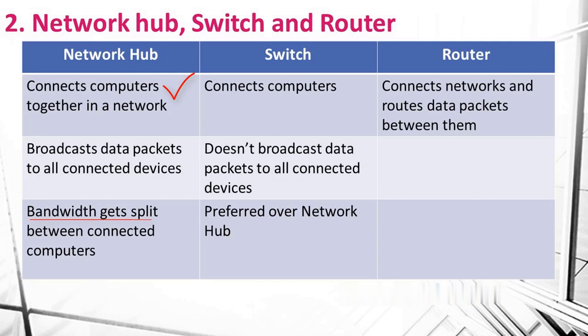Then, like a hub, a switch also connects computers to each other, but it makes the network more efficient because it doesn't broadcast the data packets to all the connected devices. Rather, it sends the data packets to the intended computer only. And it is for this reason that switches are preferred over a hub. And then if you see the routers, it is a device that joins the networks together and routes the data packets between them.